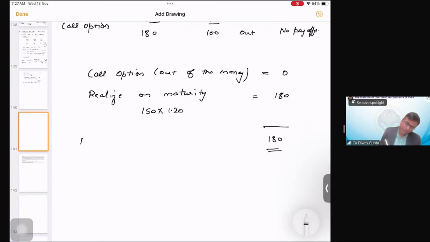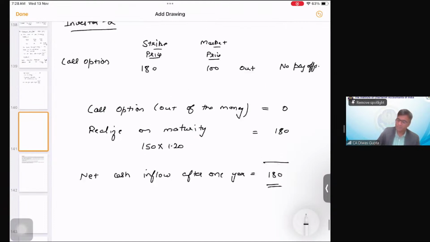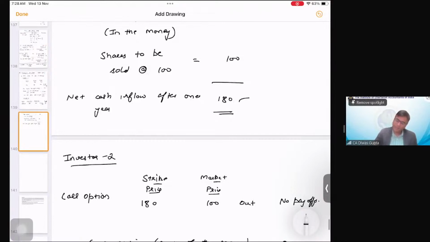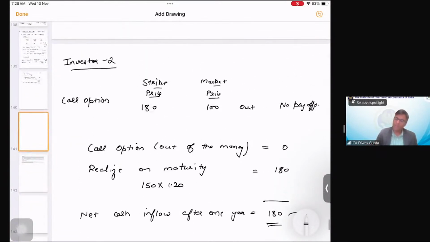Net cash inflow after 1 year. This is also 180. For investor 1 it was also 180.